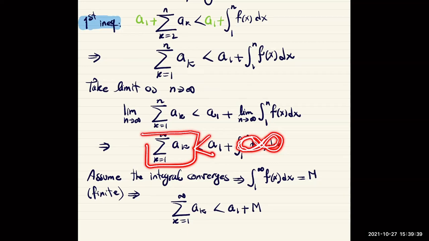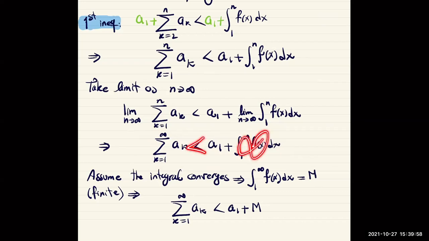Anything less than infinity could be infinite or it could be finite. We don't know which. So that shows nothing. Using this inequality and divergence assumption is just not going to work. Again, anything less than infinity could be infinity or it could be finite.